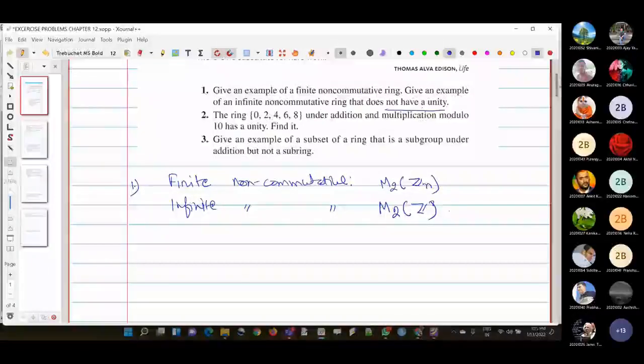So it has unity. This is with unity because the matrix 1 0 0 1 is the identity.